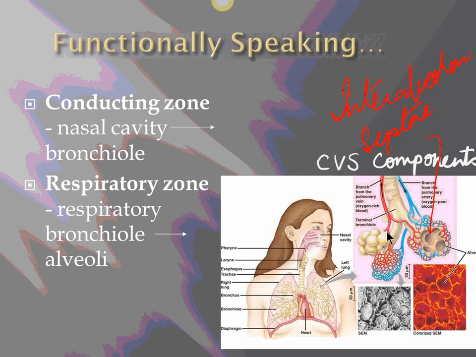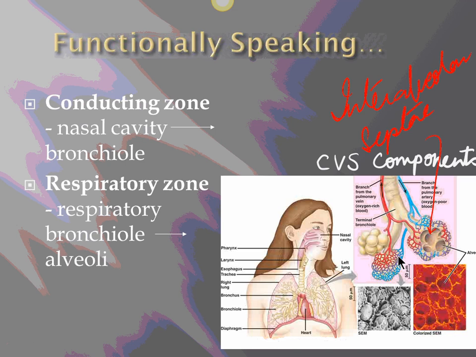Here you can see up here, this is a terminal bronchiole. So till this point is conducting. From here it leads into alveolar ducts, and then you can see all these alveoli and the respiratory bronchiole a little higher up. I want you to see these pulmonary capillaries, which form a little network around the alveoli, and this is where that gas exchange takes place.